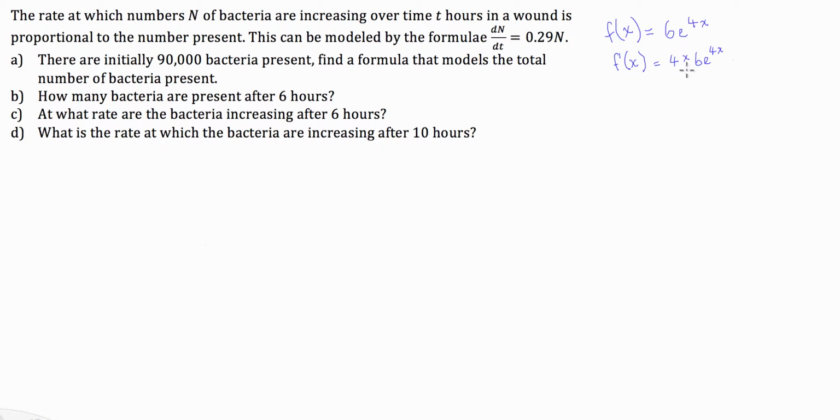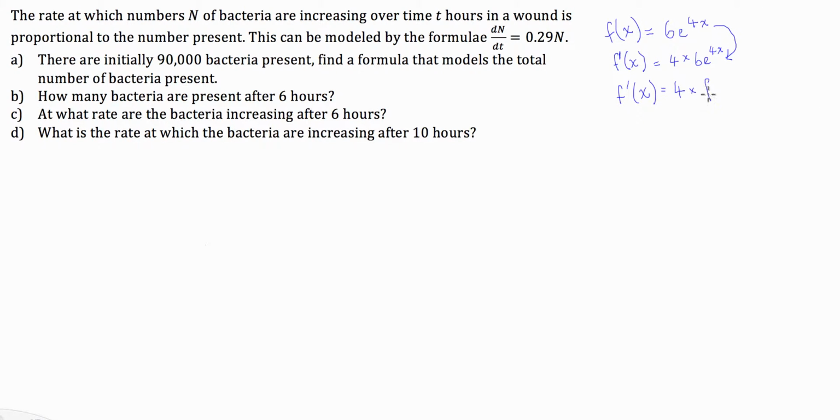Once we've done that, you can see that the derivative is quite similar to the actual function. So we can write the derivative, f'(x), as 4 times the actual function, because that is the function there.